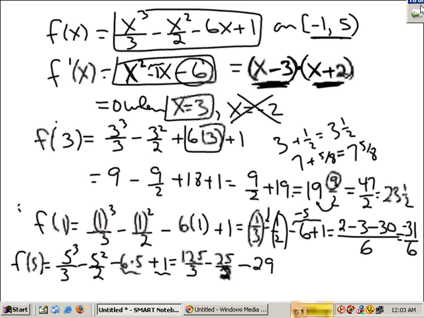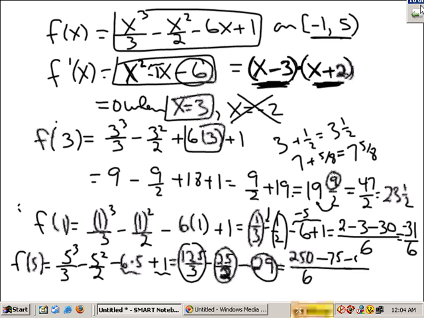Okay, so now let's get everything over 6. If I double the top and bottom there, I get 250 over 6, minus, if I triple the top and the bottom, I get 75 over 6. And here, if I double the top and the bottom, I get minus 58. And this is going to be 117 over 6.